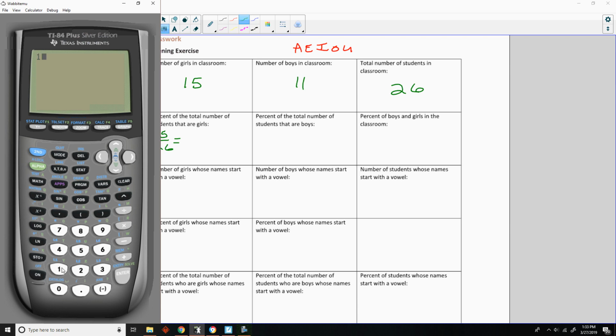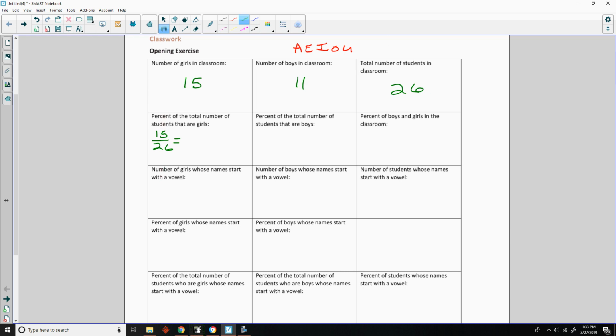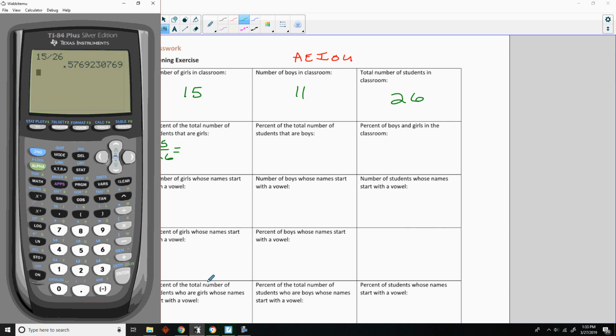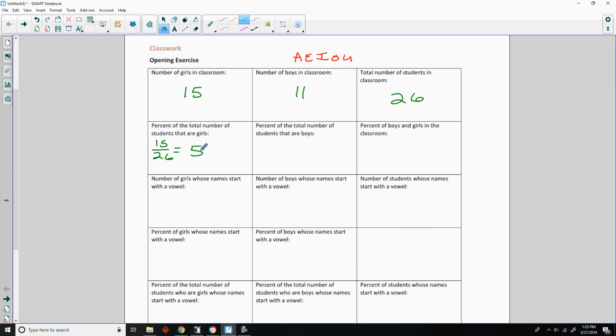Okay, so here's my calculator. 15 divided by 26 equals 0.5769. So this was a percentage, I believe they're asking for. Percent of total number of students that are girls, so that would be 57.69%.